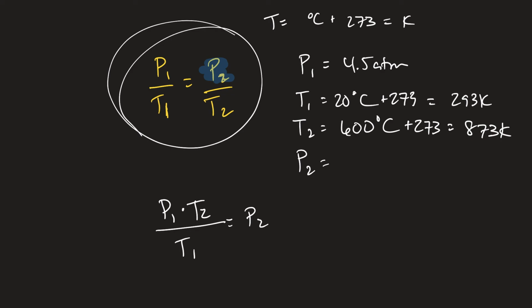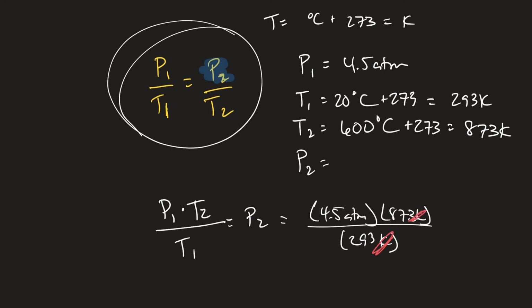When we plug in, pressure 1 is 4.5 atm, T2 is 873 Kelvin, and T1 is 293 Kelvin. If you notice, the Kelvins cross themselves out. They're no longer relevant in this problem. When you multiply and divide accordingly, we get about 13 atm.